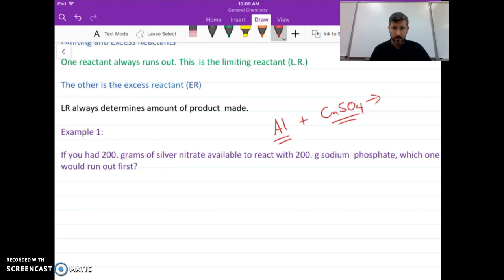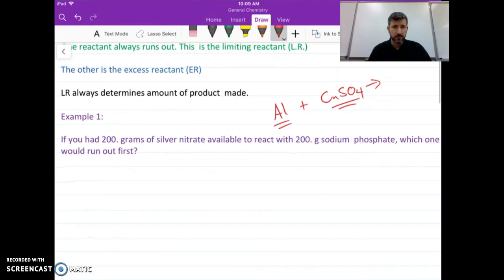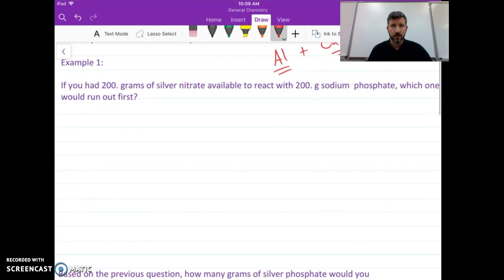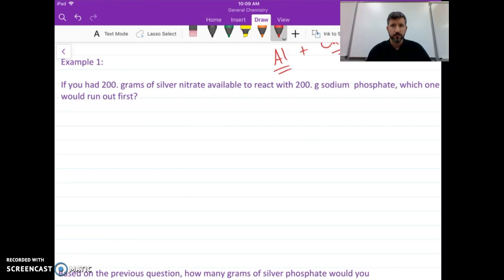Let's look at a different example. It says, if you had 200 grams of silver nitrate to react with 200 grams of sodium phosphate, which one would run out first? So I have to write the equation: silver nitrate, AgNO3, plus sodium phosphate, Na3PO4.